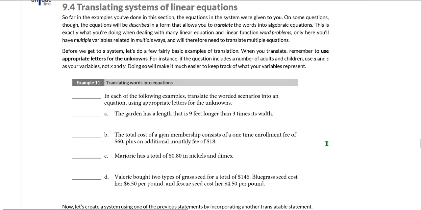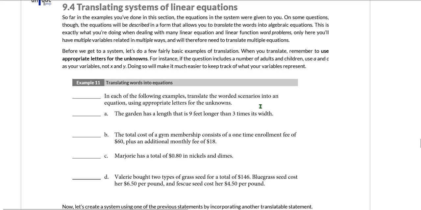On the next page, we talk about translating systems of linear equations. On some systems of linear equations questions, the equations of the lines in the system will not be given explicitly. Instead, we will need to read a word problem and translate the words in the word problem into an equation or an expression.